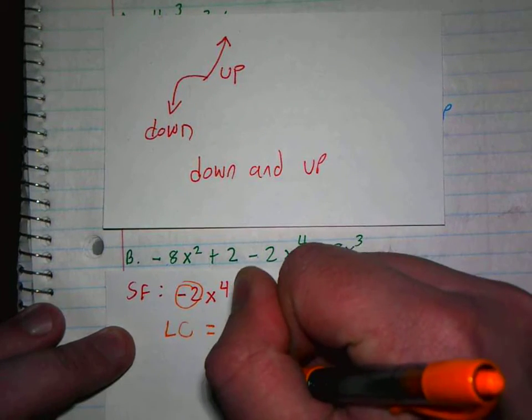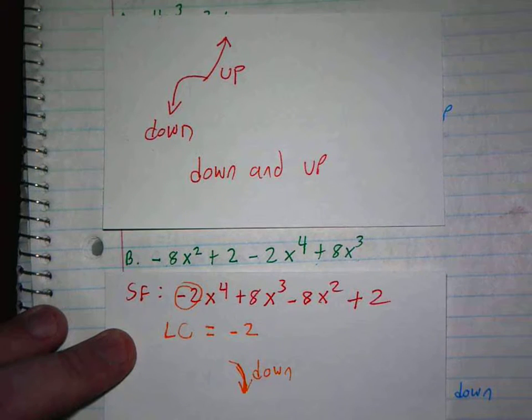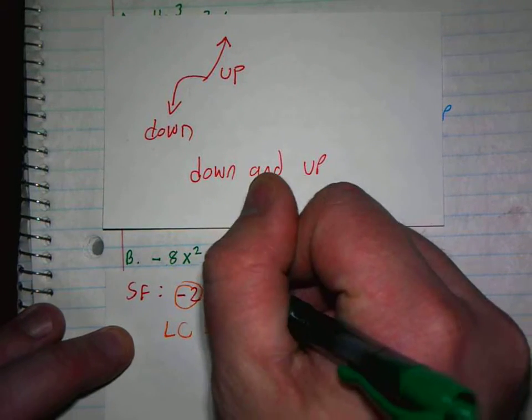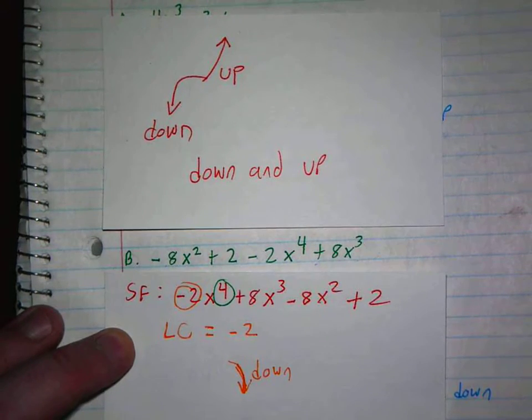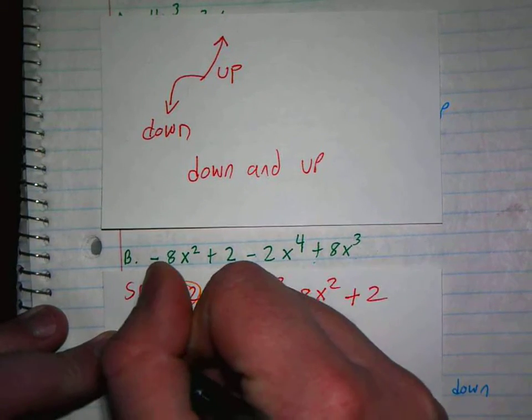So if it opens down on the right, then you look at the degree, which has nothing to do with it being positive, because all polynomials have to have positive degrees. So it's because it's even. So evens do what? The same. So if it went down on the right, it's going to go down on the left.